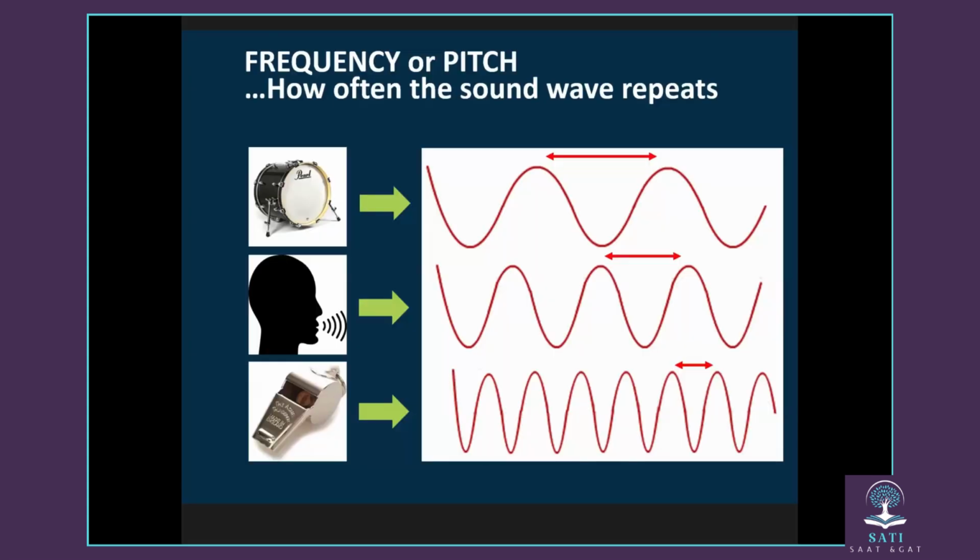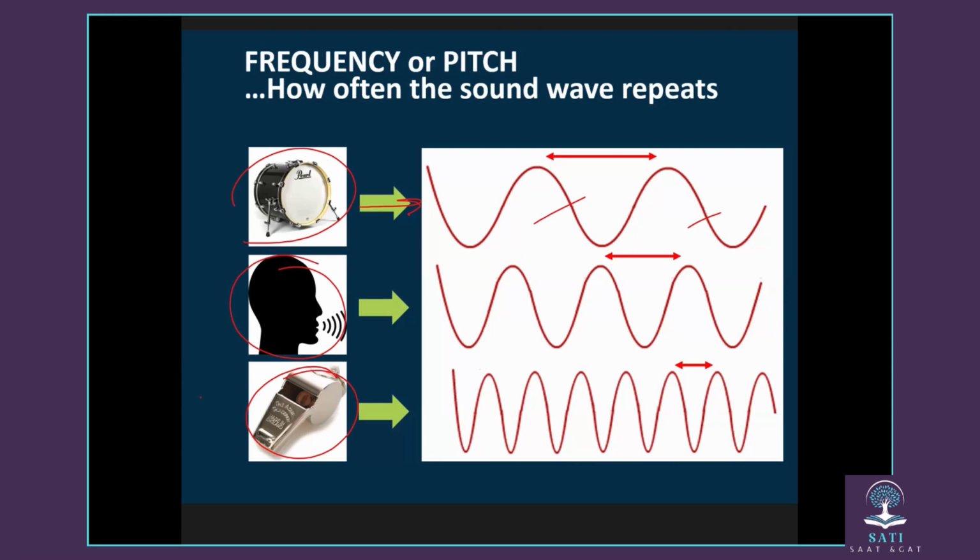Here, for example, we have 3 types of sounds, each one produced. The sound produced here has, as you see, a smaller number of waves per second. So this is a slow motion of waves, the number of waves moving per second is less.